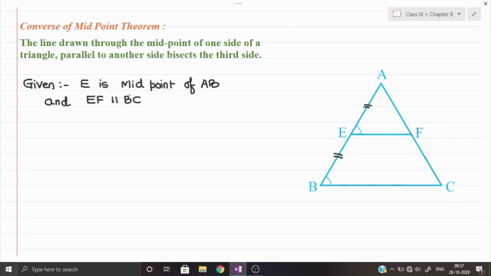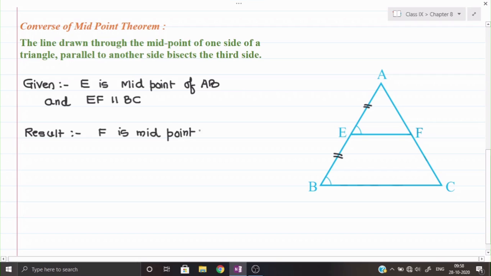How? In the midpoint theorem, F was also given as the midpoint of the other side AC. Here in the result, if we get these two givens, then we will say F is a midpoint of side AC. That is the required thing in the result.